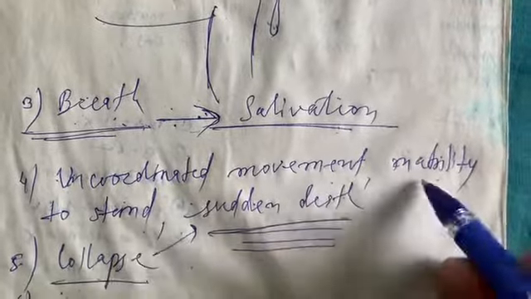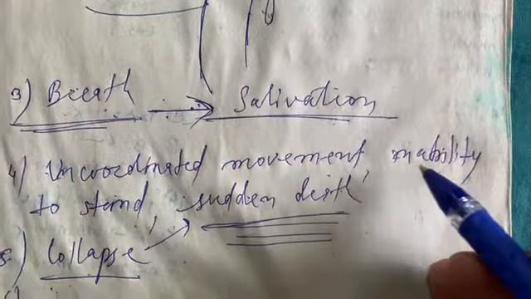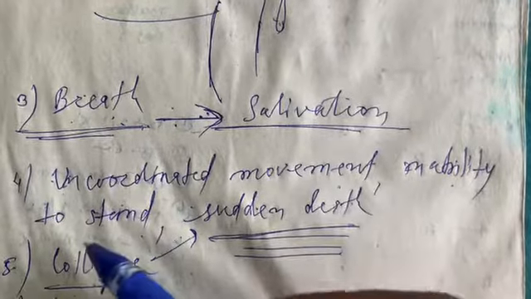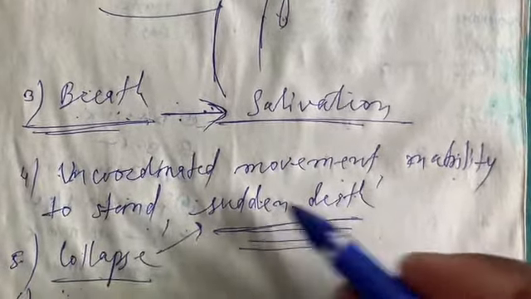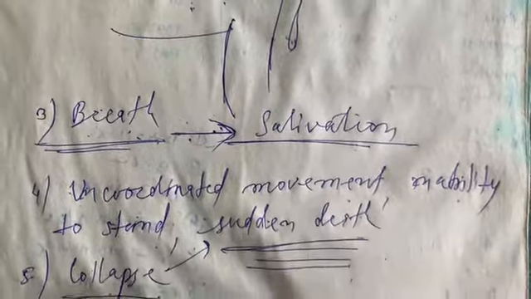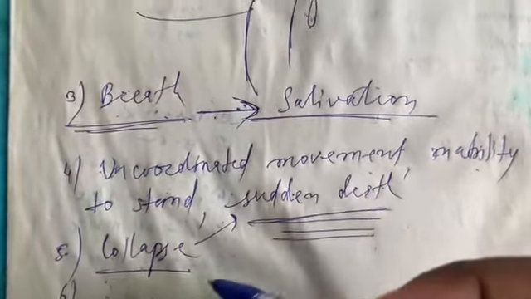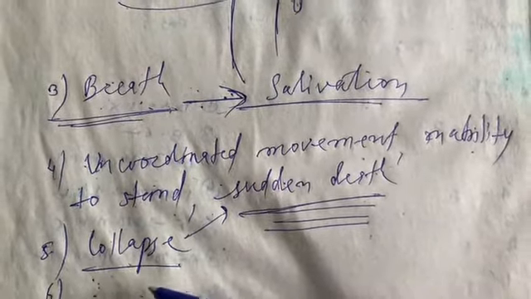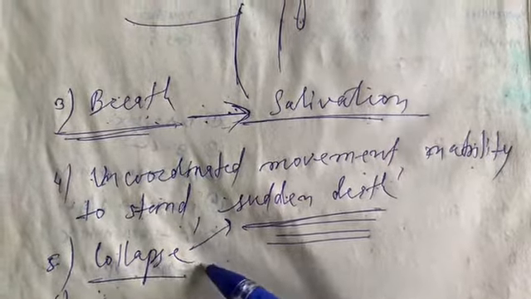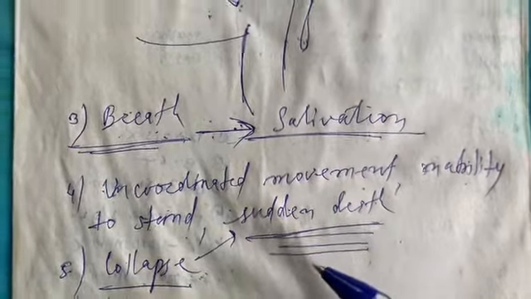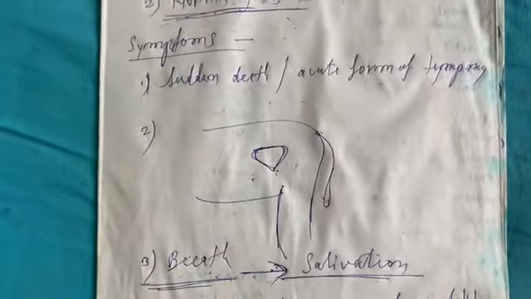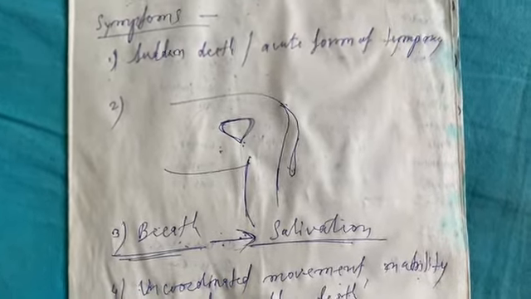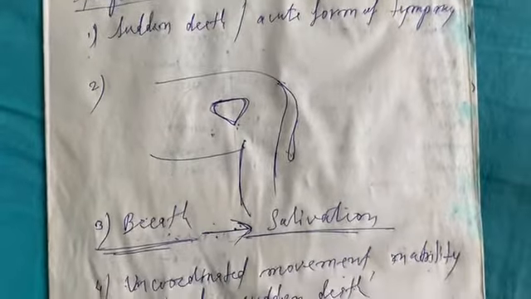So, the animal tries to sit, and it becomes very difficult to stand. Okay. Sudden death may occur. In some cases, when the animal becomes serious, the animal generally collapses on the ground, and sudden death may also occur. So, in this way we have seen the various symptoms of tympany or bloat disease.